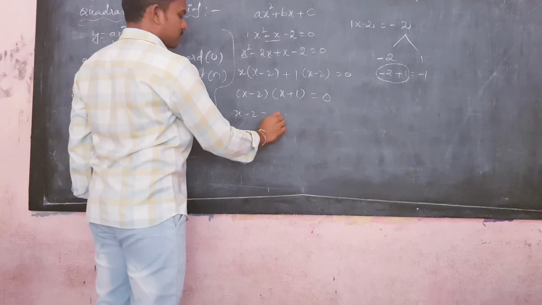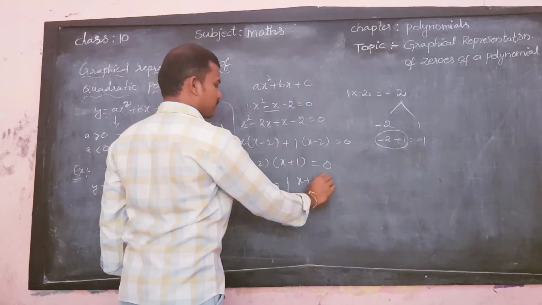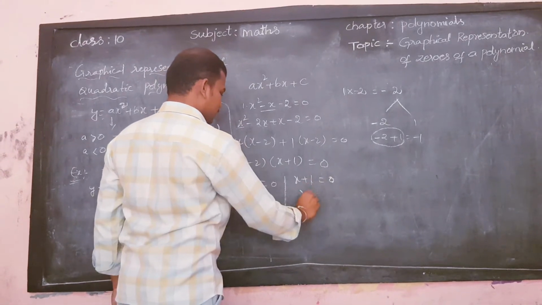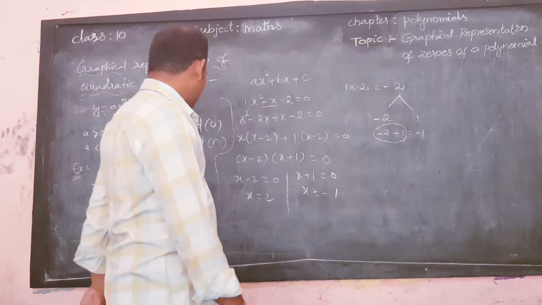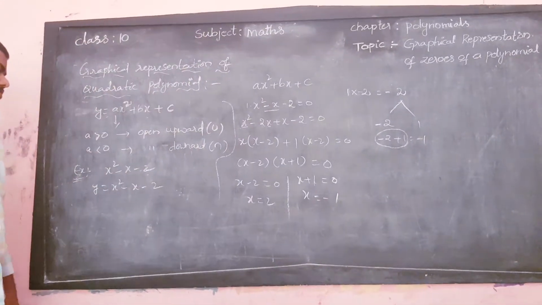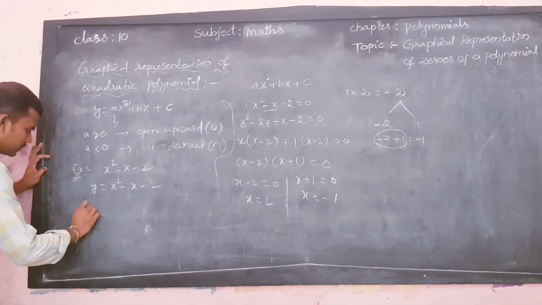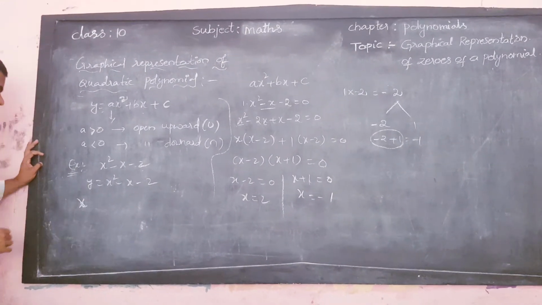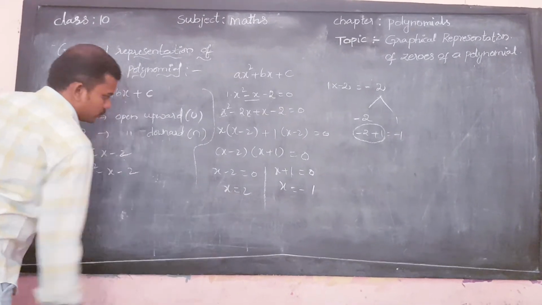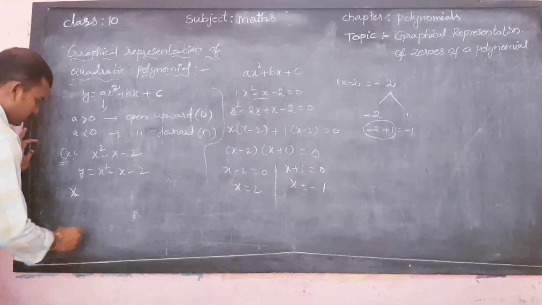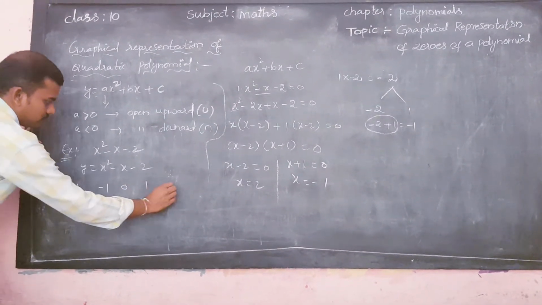So x minus 2 is equal to 0, x is equal to 2, x plus 1 equal to 0, x is equal to minus 1. Here 2 and minus 1 are the x values. So we take x values minus 1, 0, 1, 2.